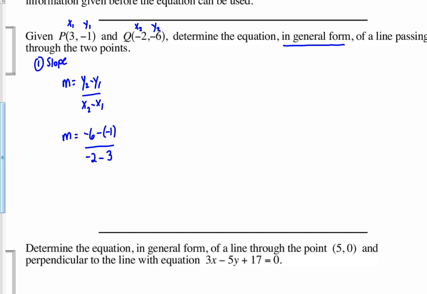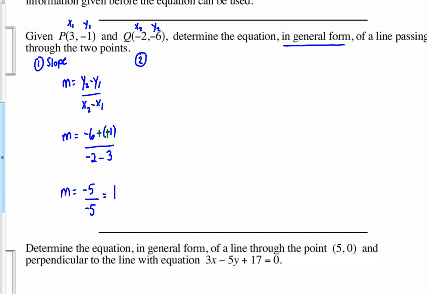Okay, -6 subtract a -1. What happens if we subtract a negative? Add a positive. So -6 plus 1 is actually -5. What's -2 minus 3? -5. So what does that equal? 1. Positive 1. Good.